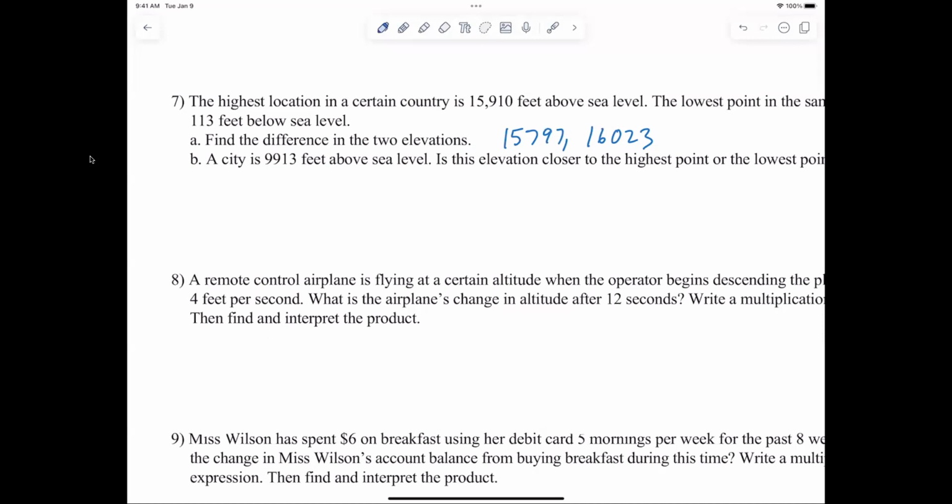What is it? 15,857. Good. 15,700. I like it. What did you get, Milo? 15,700. All right. Gage, what did you get? 16,000. Oh, so you see, some of you are thinking.